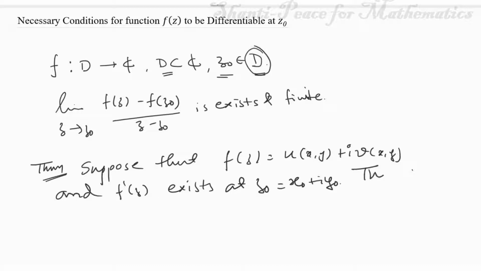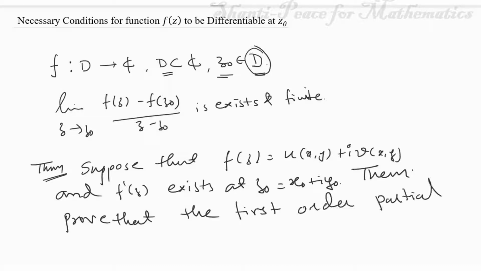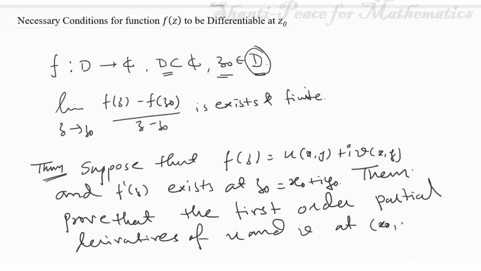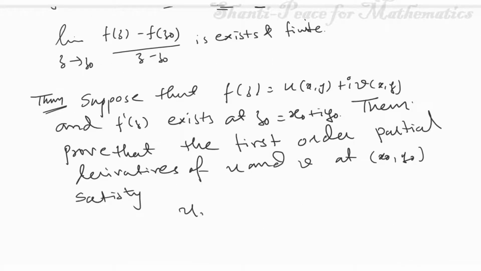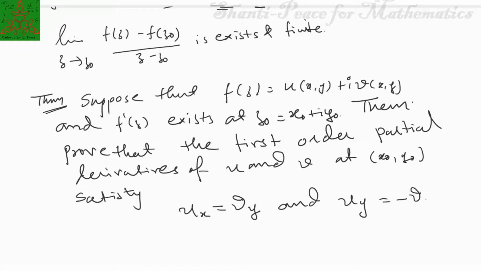Then prove that the first order partial derivatives of u and v at x0, y0 satisfy u_x, which is the partial derivative of u with respect to x, is equal to v_y, and u_y equals minus v_x. You know that u_x is denoted as del u by del x, and similarly the notation for v_y, u_y and v_x.